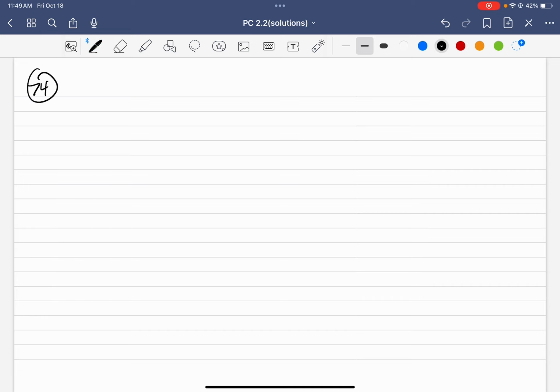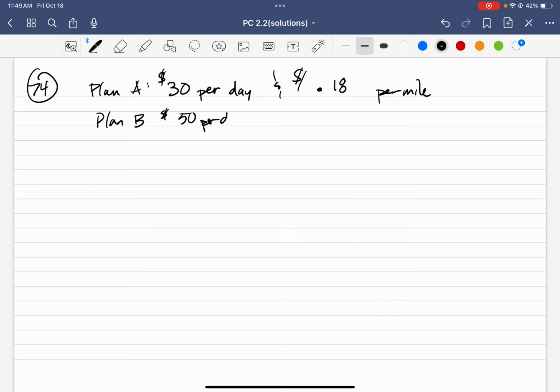74, it says a car rental company. So plan A, it's $30 per day and an additional 0.18, or 18 cents, per mile. Plan B, it's just a flat rate of $50 per day, no matter what mileage you have.